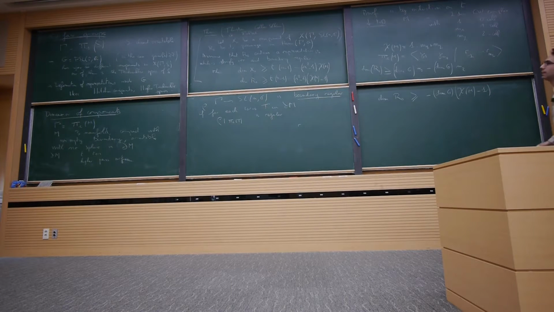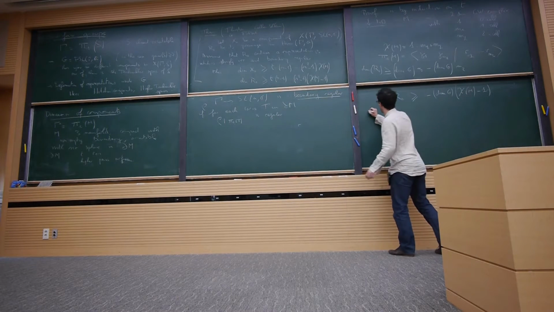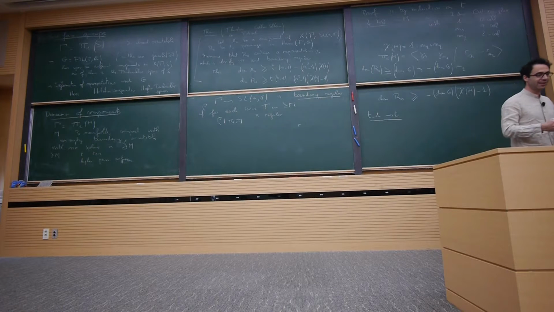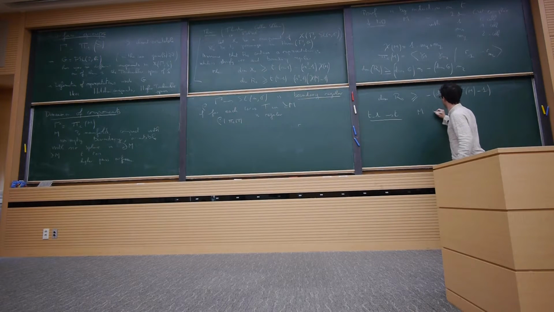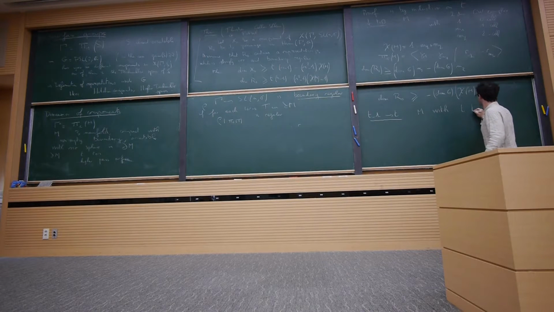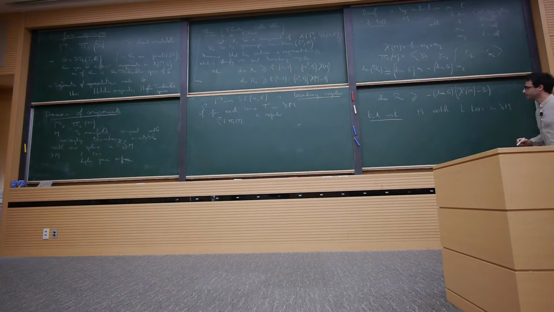So now, how can you use the bound for a manifold with t minus 1 tori in order to prove the bound for a manifold with t tori? Well, you take M with t tori in its boundary.